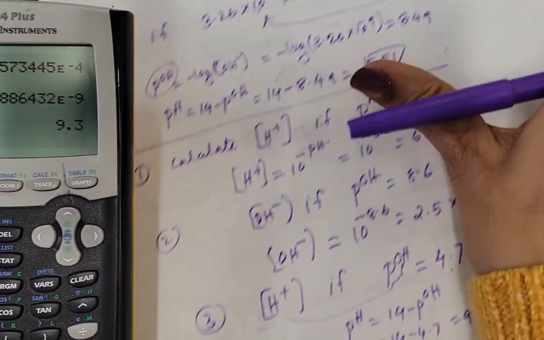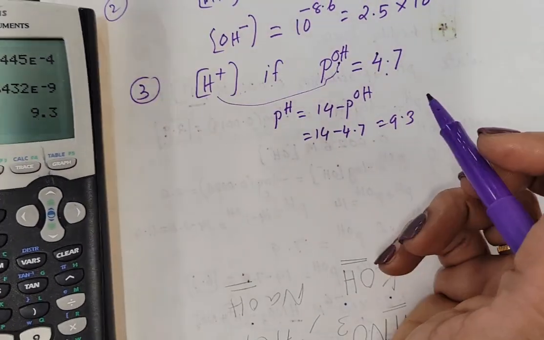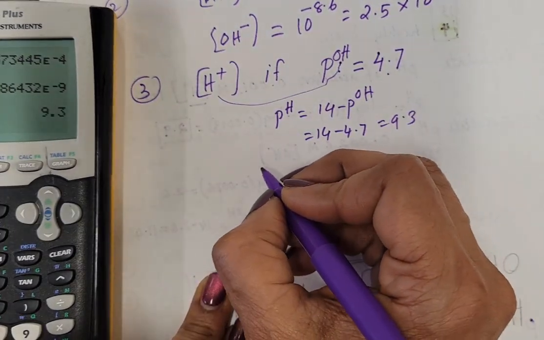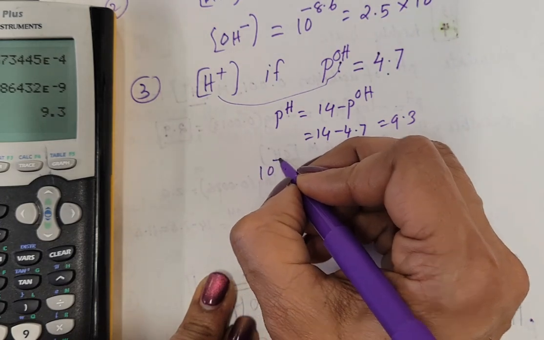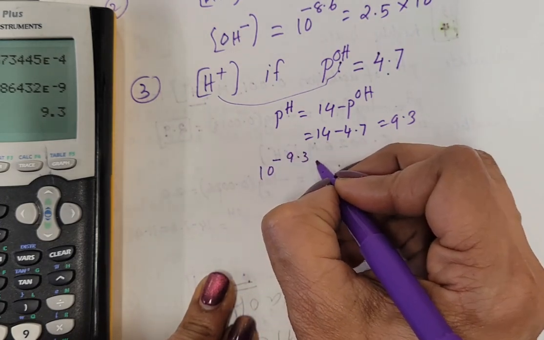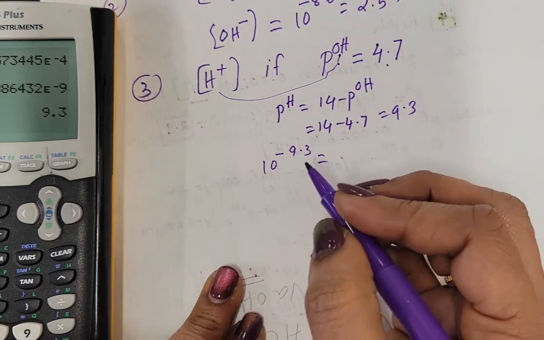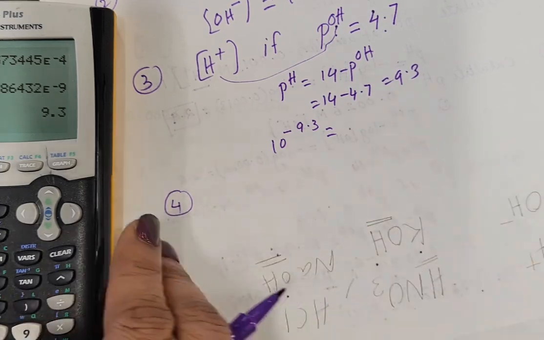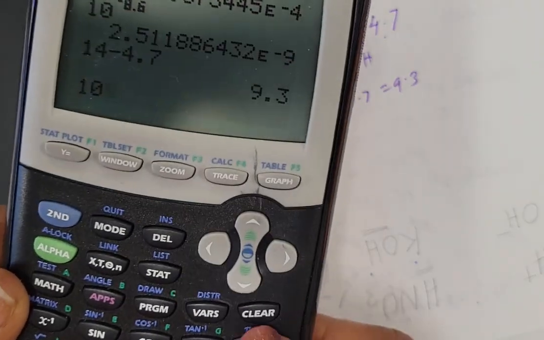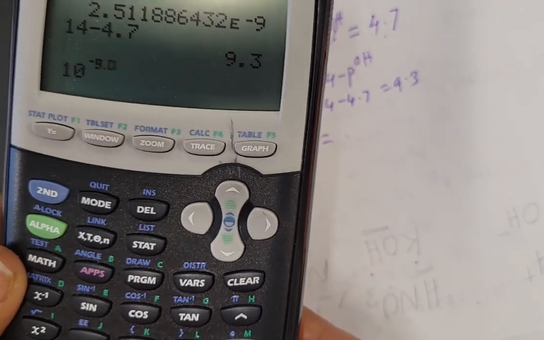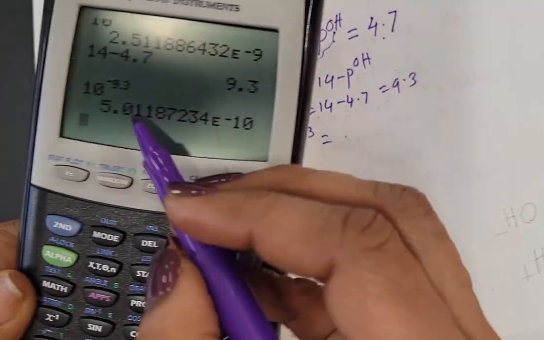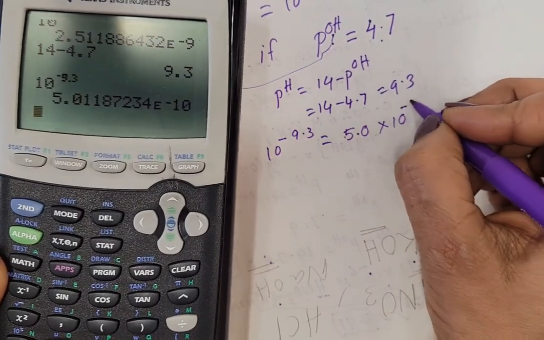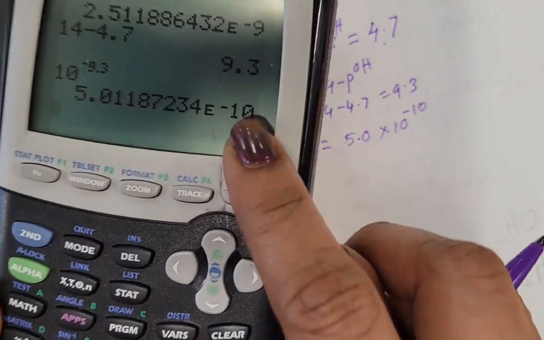Okay, now you can use the same step, which is 10 to the power of negative 9.3. Okay, now another question, you have to find the answer. I will do that. 10 exponent negative 9.3, which is 5.0 times 10 to the power of negative 10.